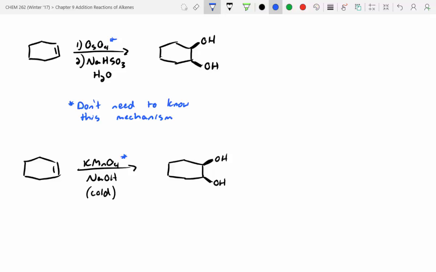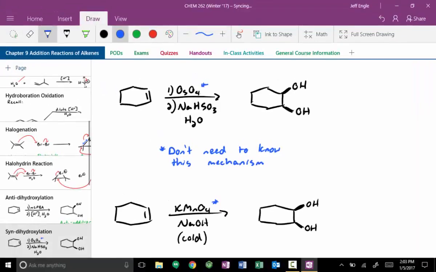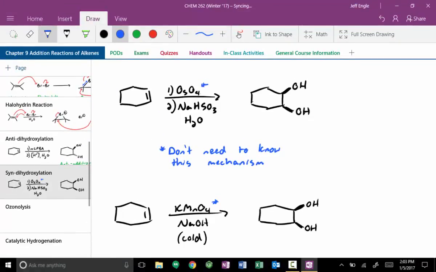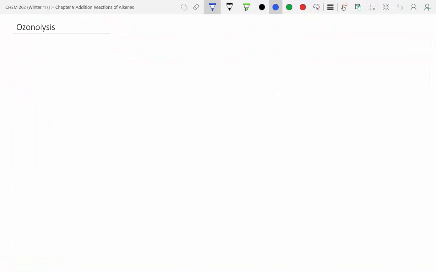All right, so we're building up our toolbox. We've got one more reaction today. This reaction is actually kind of neat. So I'm going to draw this a little bit oblong. We've got our cyclohexene that we had before.